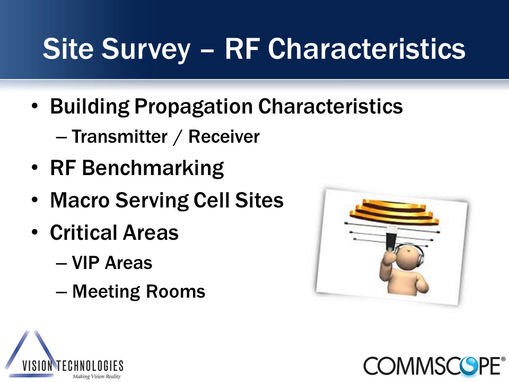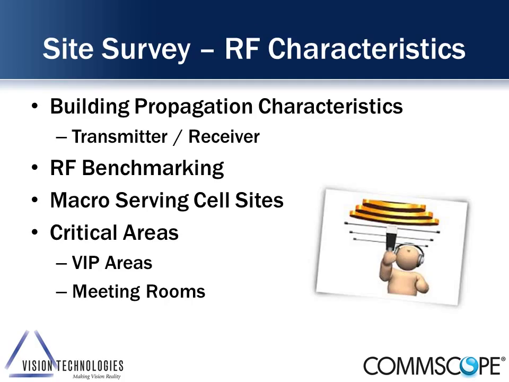Now, the other part that I mentioned is understanding the RF characteristics. That is going to become important for the DAS design. And so there's several different things that we will do to understand the RF characteristics of a building. One of those is to use a continuous wave transmitter and an antenna, putting them up in certain areas and walking around with a receiver to record the resultant RF coverage.